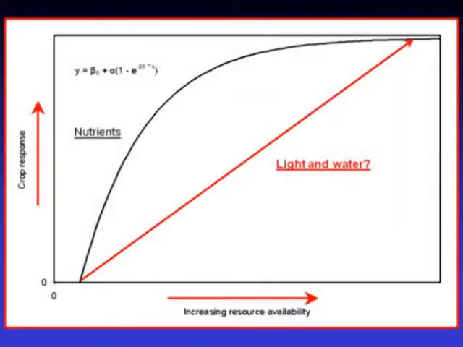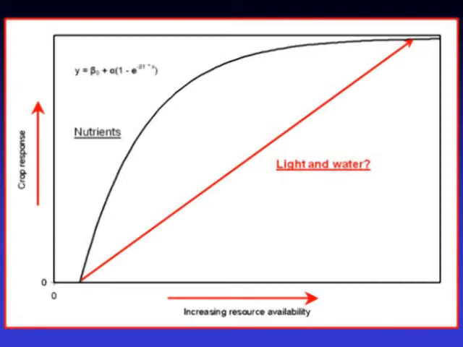I want to look at just general responses to these resources that we can think about. This is looking at crop response, and you can think about this as yield or crop growth versus increasing resource availability. You can think about this primarily as nutrients because we're all very familiar with crop responses to nutrients.